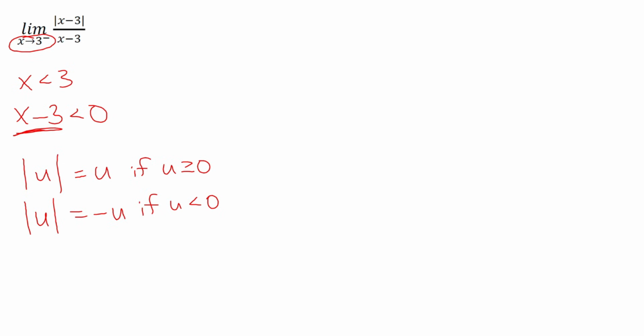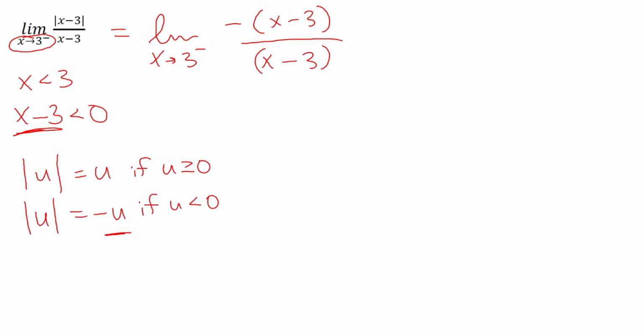So this should become a limit as x approaches 3 from the left of, we can clear the absolute value by taking the opposite of what's inside of it. So opposite of x minus 3 over x minus 3. The x minus 3's will cancel, leaving us with a limit as x approaches 3 from the left of -1. And of course, the limit of a constant is just the constant.